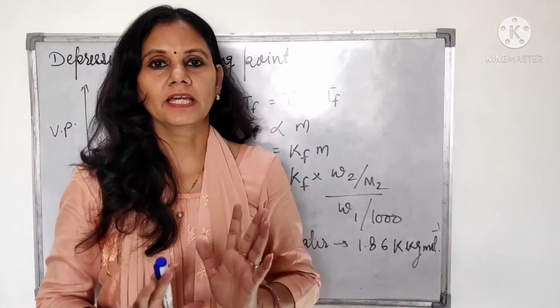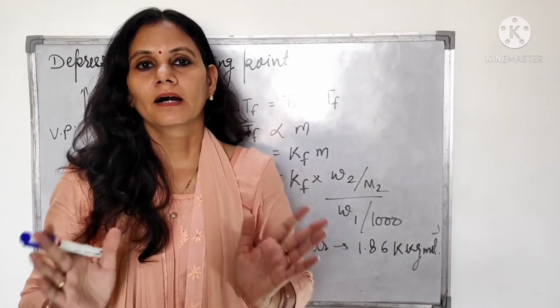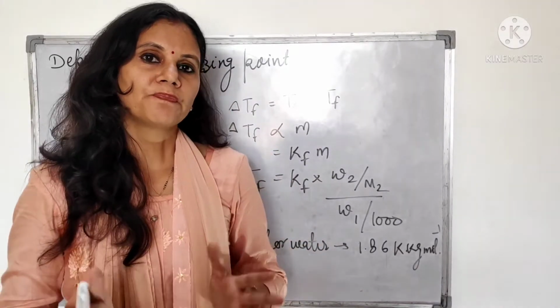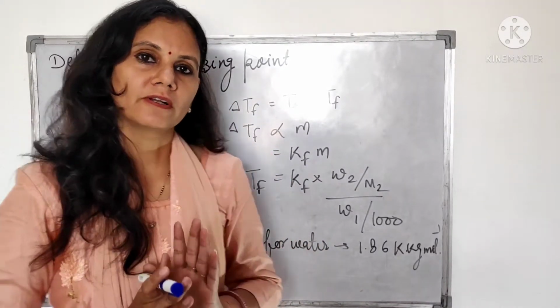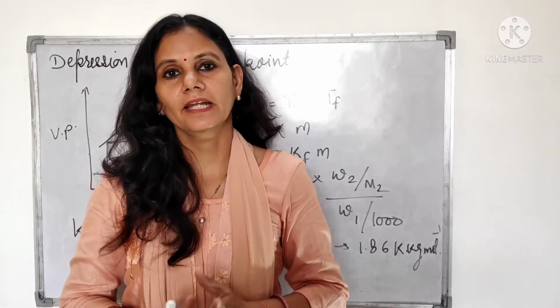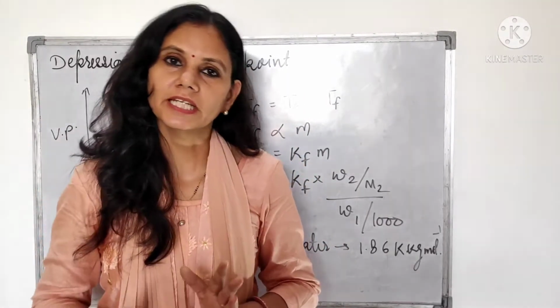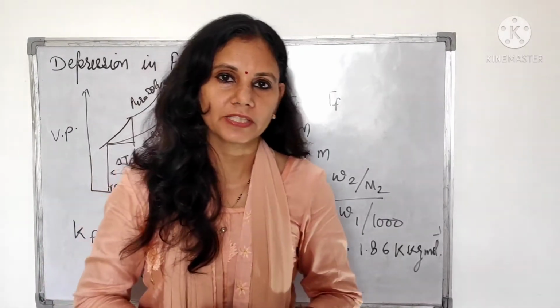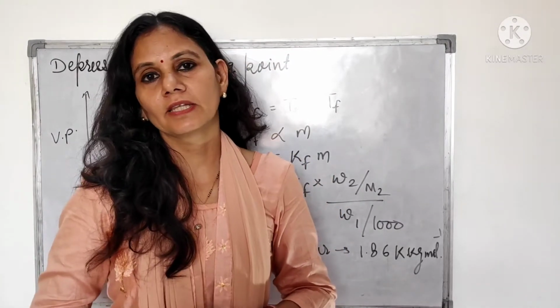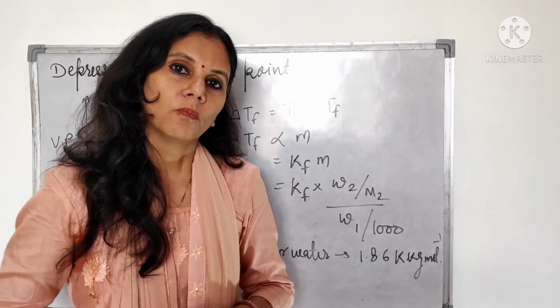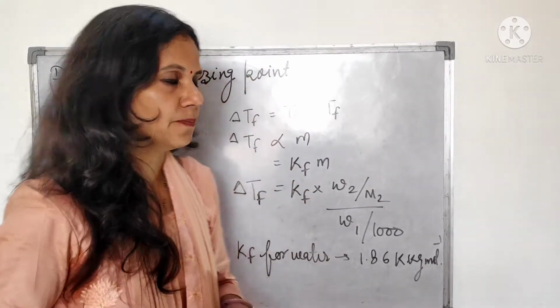The example will be the same: in water the freezing point is 0 degrees centigrade, and when we put some non-volatile solute in it, its vapor pressure decreases and its freezing point also decreases, meaning it freezes at a lower temperature. So it is also related with the number of solute particles, meaning it is related with the molality, small m.